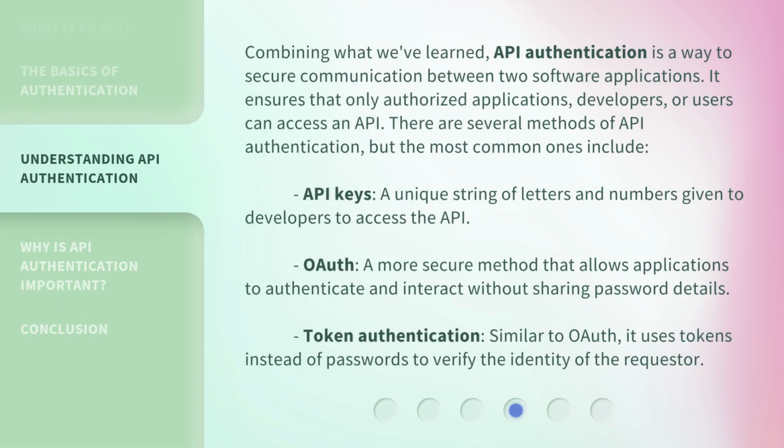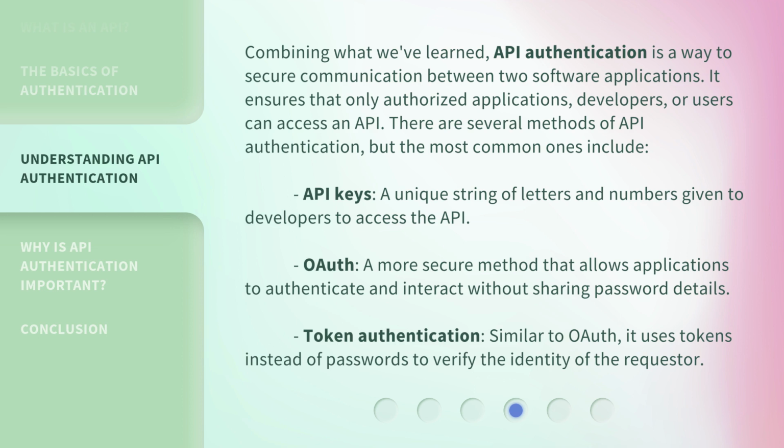Combining what we've learned, API authentication is a way to secure communication between two software applications. It ensures that only authorized applications, developers, or users can access an API. There are several methods of API authentication, but the most common ones include API keys, a unique string of letters and numbers given to developers to access the API.